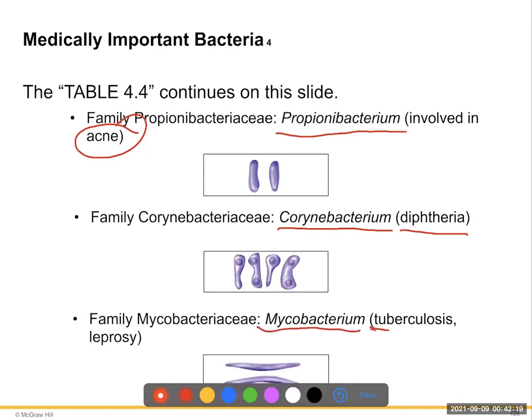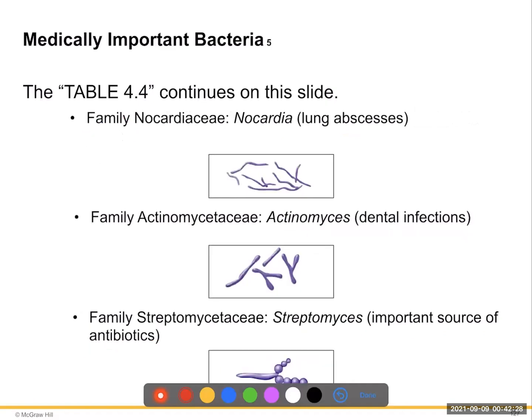Mycobacterium causes tuberculosis and leprosy. Those are different rod shapes there. Nocardia causes lung abscesses in your patient. Actinomyces causes dental infections in the mouth. Streptomyces is a source of antibiotics; we use that to create antibiotics to fight different bacteria.